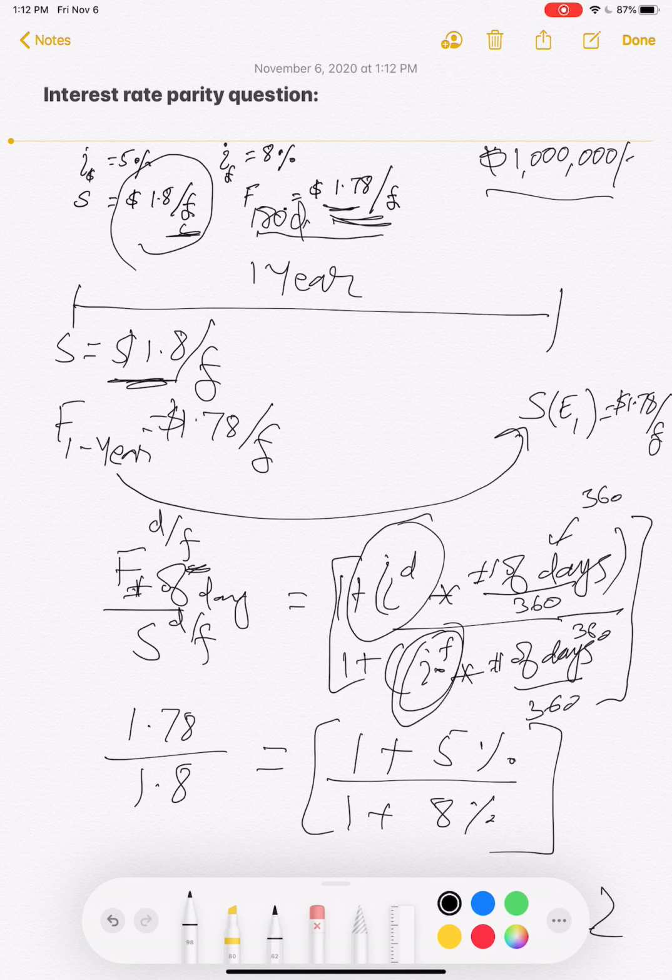If it is for 180 days, then all these interest rates are always given on a per annum basis, so you need to do the conversion. How do you do the conversion? By using this formula.